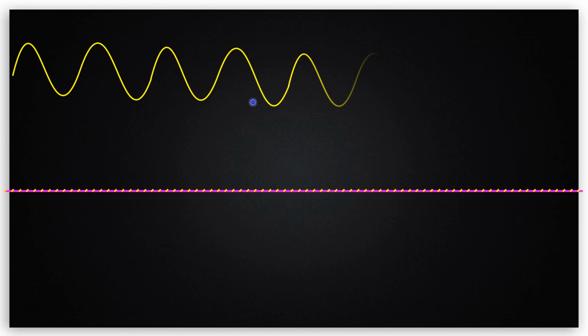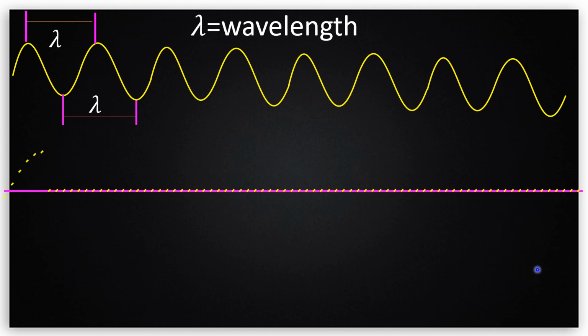So now I am going to tell you the relationship between the wavelength, frequency and velocity of waves. You see here, first I will tell you what the wavelength is. This is a wave, isn't it?